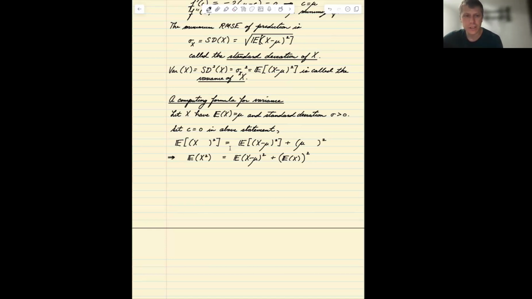If we rearrange this, the computing formula for variance says that the variance of x can be computed as the second moment, the expectation of x squared, minus the square of the expectation. That is oftentimes the best way to calculate variance.